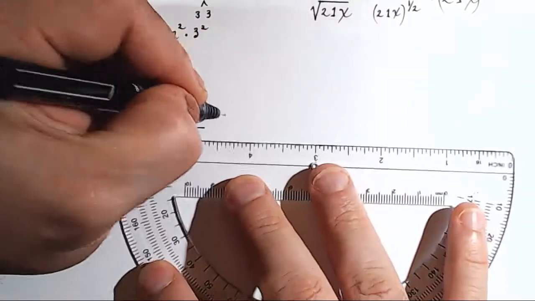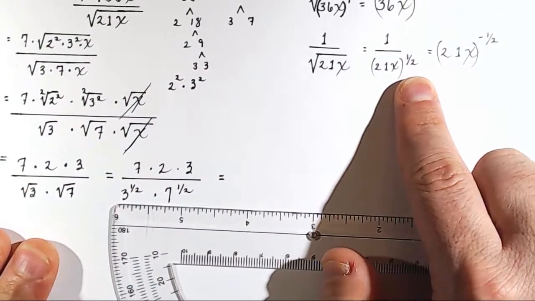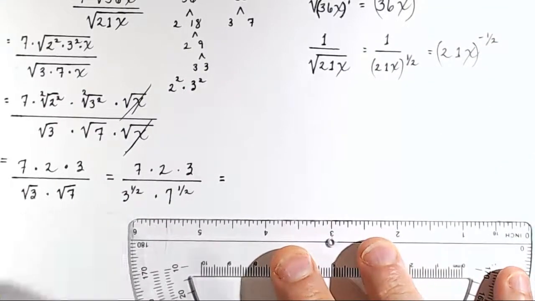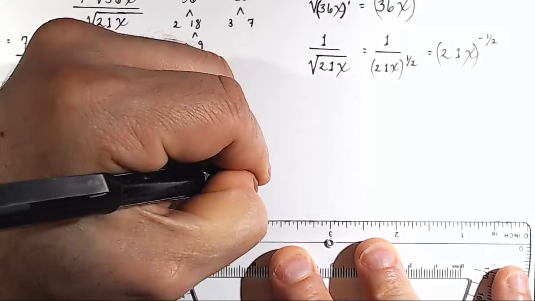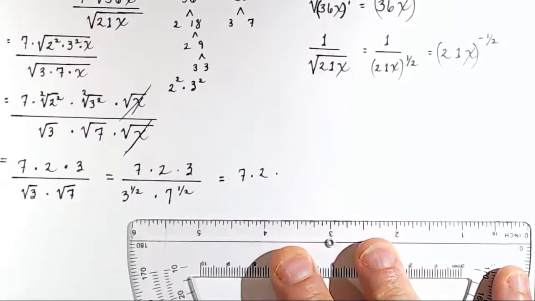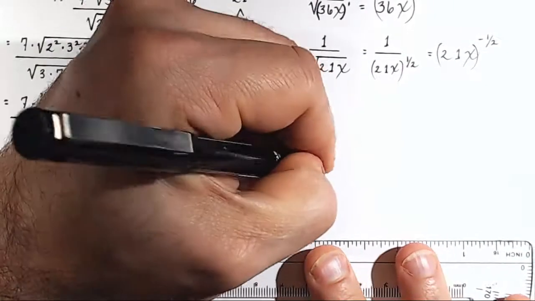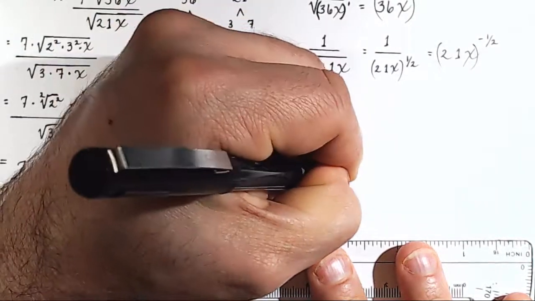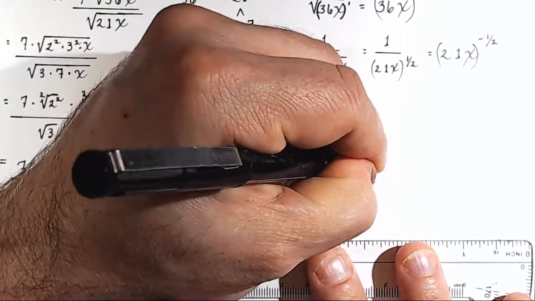And then we will remember that if we have something to the 1/2 power in the denominator, it can be written as negative 1/2 power in the numerator. So now I've got 7 times 2 times 3 times 3 to the negative 1/2 power times 7 to the negative 1/2 power.